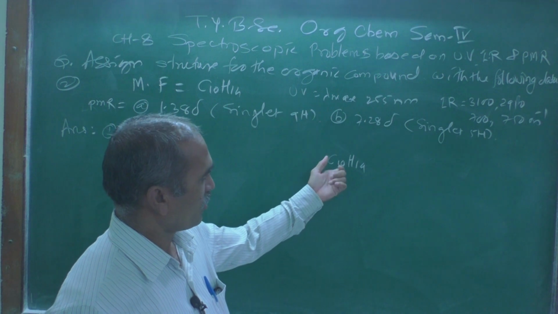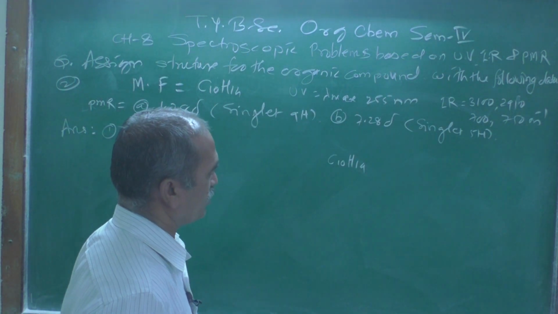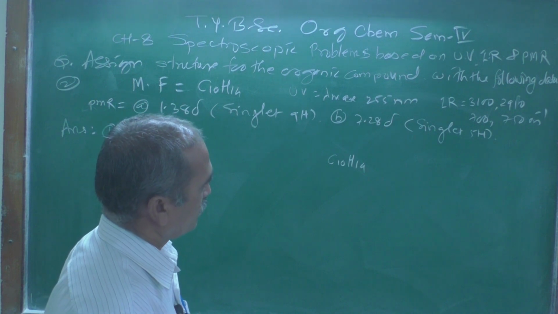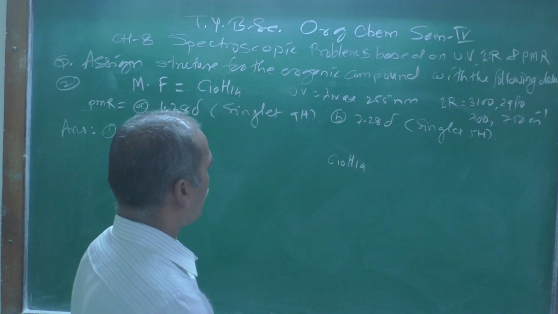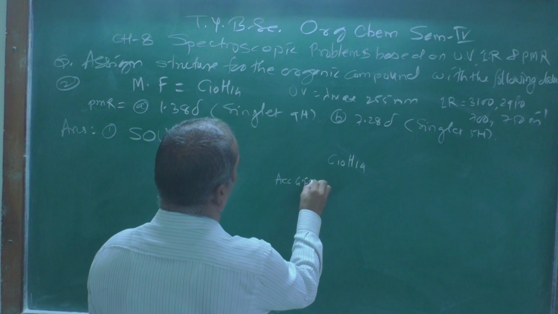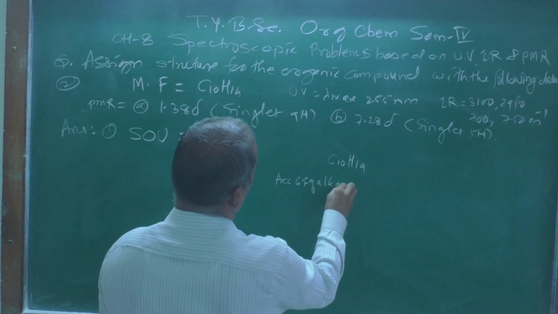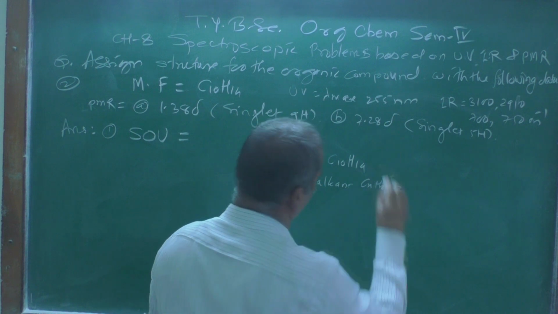Now, according to the general formula of alkane, what is that? CnH2n plus 2.